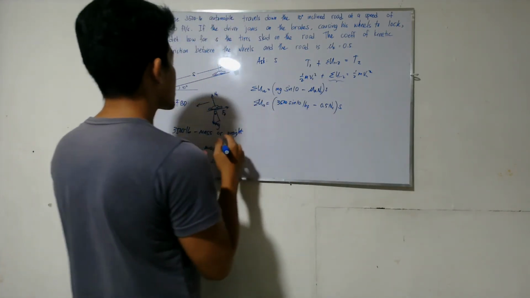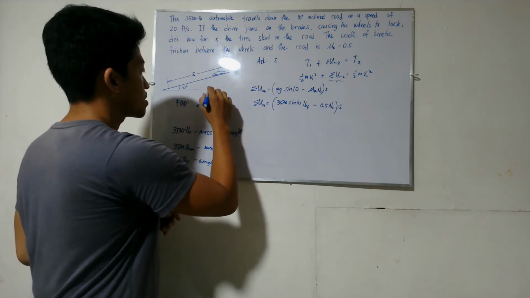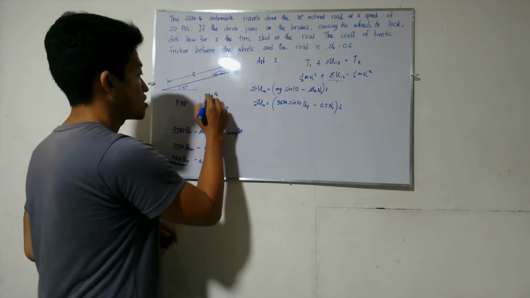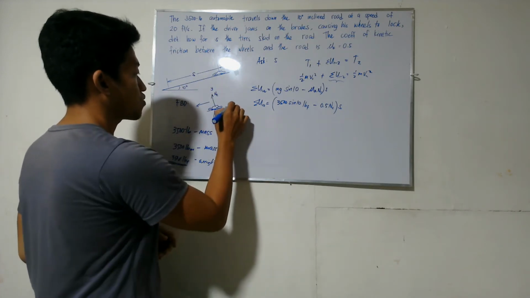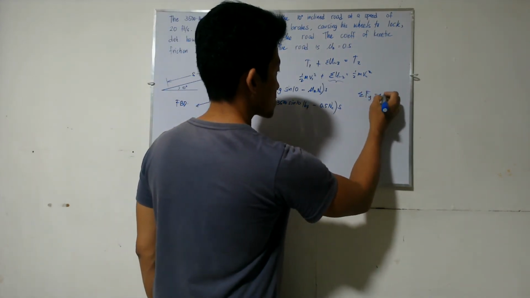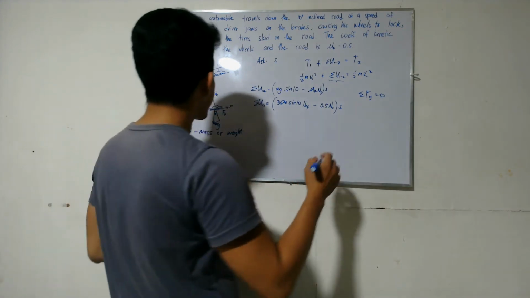NC you get by summation of forces along y. Summation of forces along y is equal to 0 because there is no motion along y.